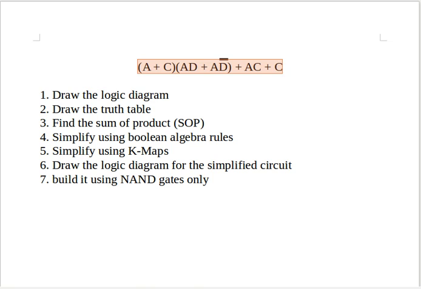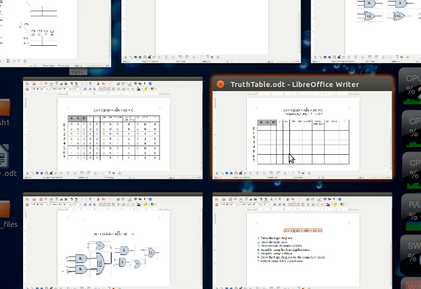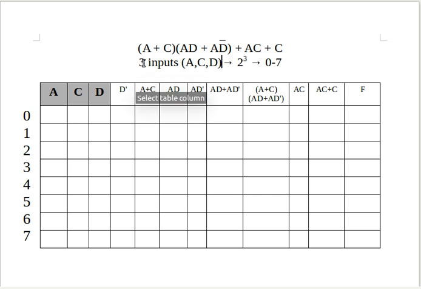We see how many inputs do I have. How many inputs do we have? We have 3 inputs. A, C, and D. Don't think D prime is another input. It's the same as D. You take a line from it. So if I have 3 inputs, I have 2 to the power 3 possibilities, and I'm gonna take them from 0 to 7.